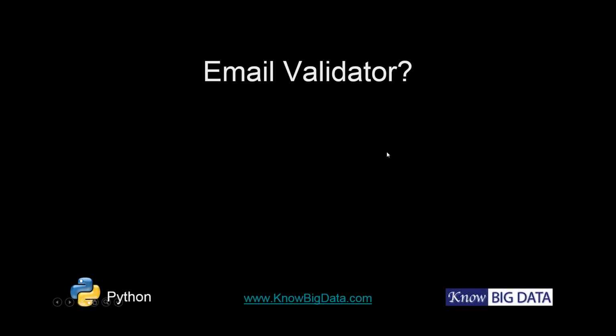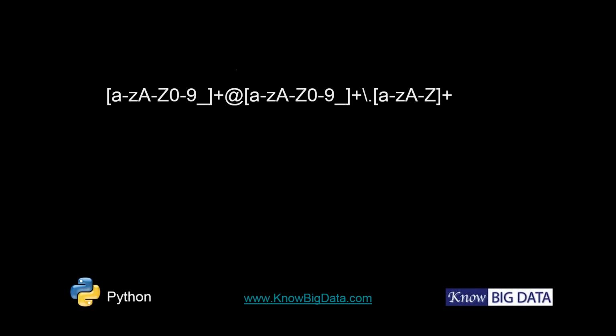So let's proceed with the next one. We were talking about an email validator in the last class, and we'll see how we write it. This is a typical email validator. Now, just try to understand this.